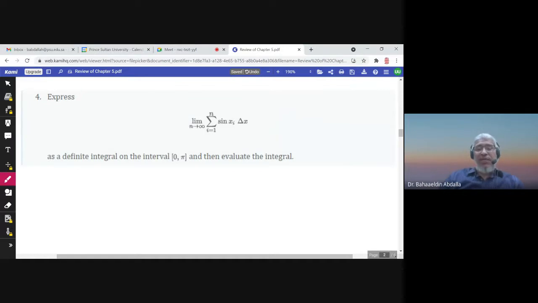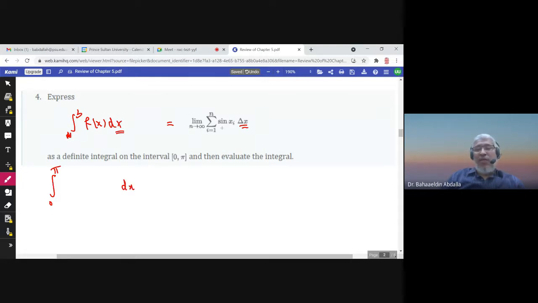Express this as a definite integral on the interval 0 to pi. So we will have a definite integral from 0 to pi. You know the definite integral is defined by integral f of x dx. And delta x will be dx.